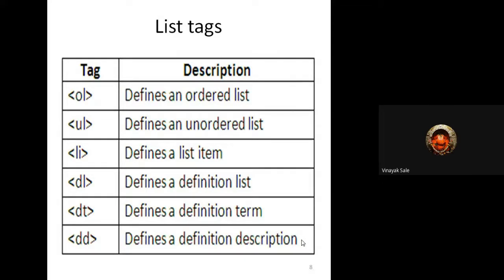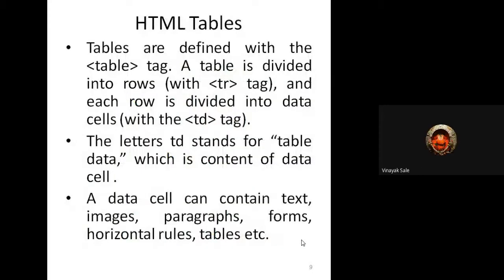Then we will move towards HTML tables. Tables are defined with the table tag, and a table is divided into rows and cells, rows and columns.